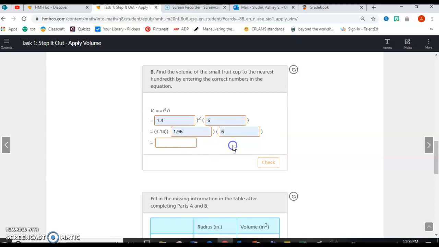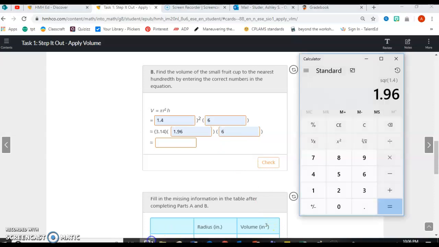And I do not square my height. My height remains 6. But if I take all of the correct measurements and put it into the calculator, I have radius squared, which is 1.96, times my height of 6, times pi, 3.14, and I have 36.9264.